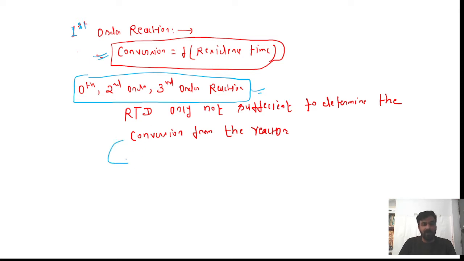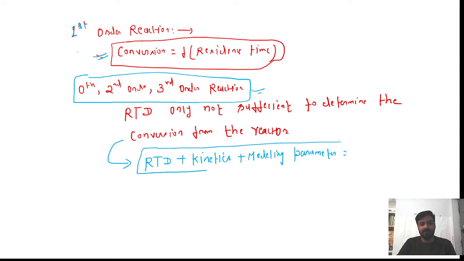So what comes into play here? For the conversion, one factor will be RTD, the second will be the kinetics of the reaction, that is first, second, or third order, and the third will be, my dear students, the modeling parameter. All these three become very important when we talk about the conversion from the reactor. We have to take care of all these three things when we calculate the conversion.